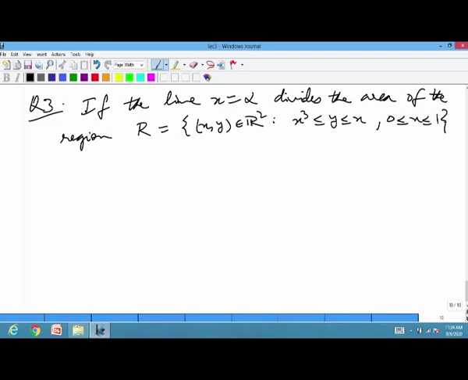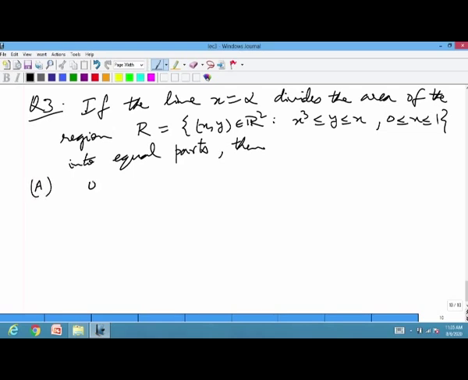So, the line x equal to alpha divides this region into equal parts. Then which of the following options are correct?